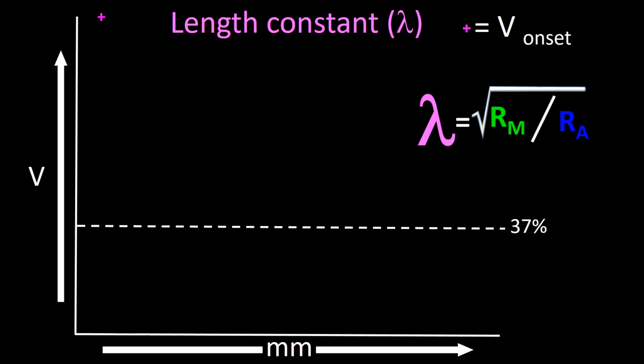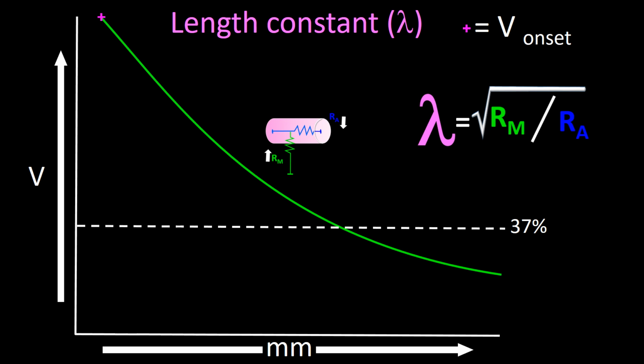I have now introduced the factors involved in length constant and a cartoon representing an axon segment with increased membrane resistance and decreased axial resistance. In this frame, you can see the effect of low axial resistance and high membrane resistance on length constant, as represented by the green line.